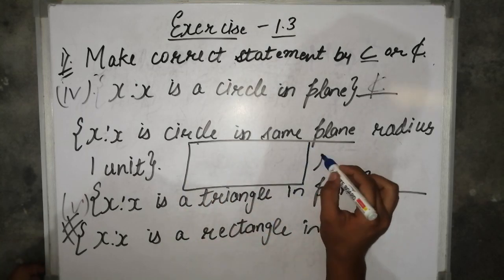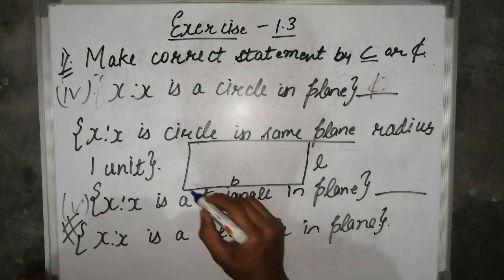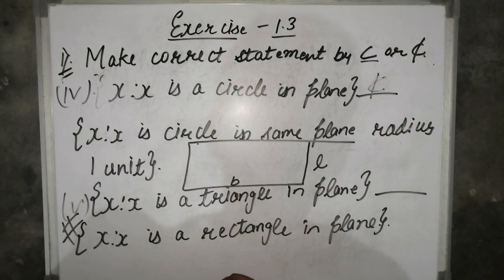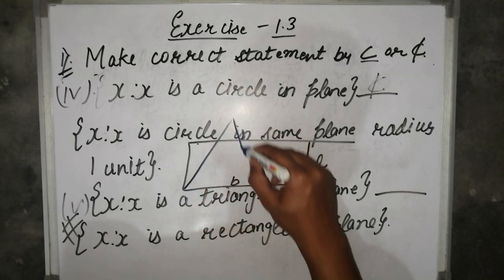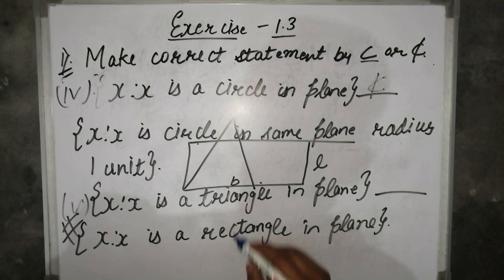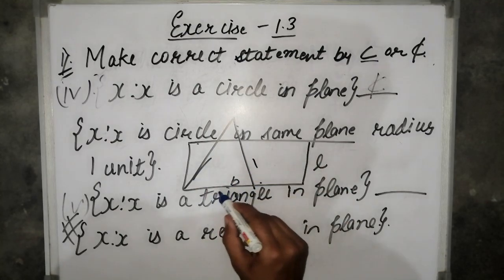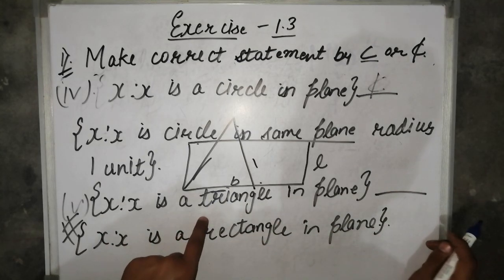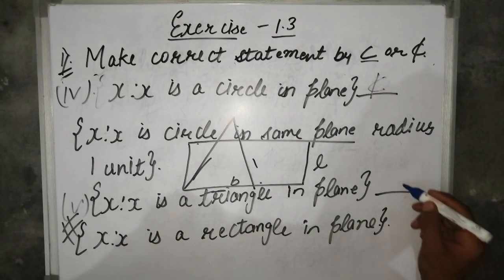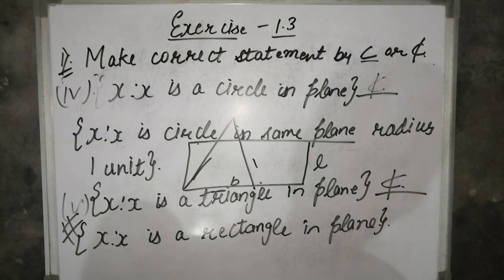If I take an equilateral triangle or a scalene triangle, the sides can be like this, two sides equal and one side different. That's why it is not necessary that a triangle is a subset of a rectangle. I am filling in not a subset. Pause the video to note it down.